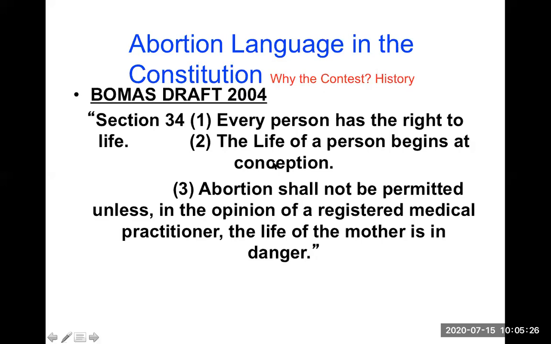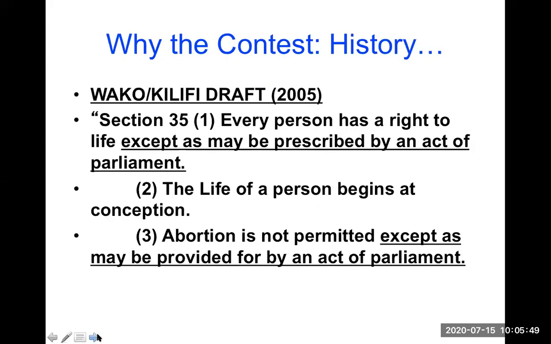And then the Bomas draft had this, number 3, as abortion shall not be permitted unless in the opinion of a registered medical practitioner, the life of the mother is in danger. Registered medical practitioner. Then a year after that, the Constitution evolved.